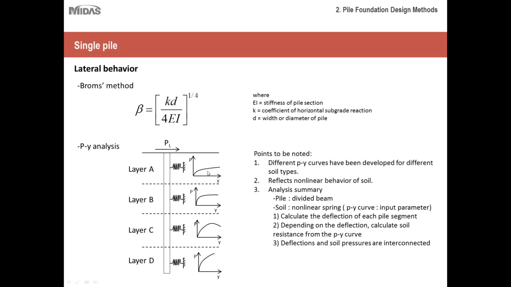So sometimes it might happen that you get a deflection which is exceeding the soil resistance value. So you need to do several iterations till you find the arrangement which depicts your p-y curve as obtained from the field. You have to keep doing the iterations in order to obtain the correct behavior that you can rely upon. And this method of p-y analysis is actually based on the finite difference method.